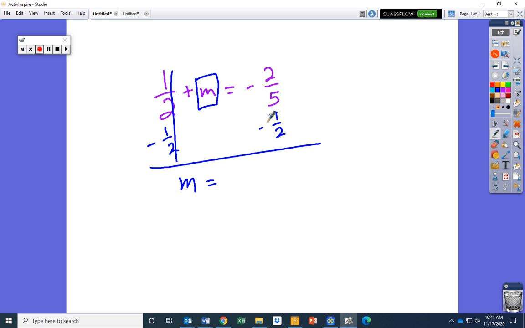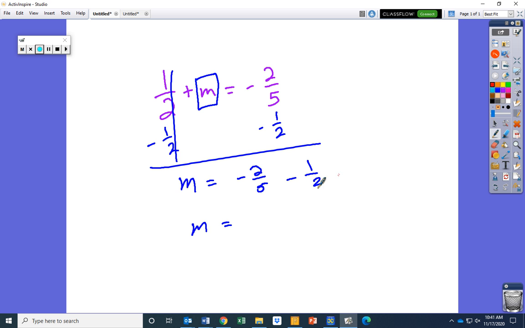And I'm going to write this out. So negative 2/5 minus a half. I've got a problem here. What is it? I don't have a common denominator. So let's use, if I have 5 and 2, well, 5 is not a factor or a multiple of 2, is it? So can I use 10? I could use 10.